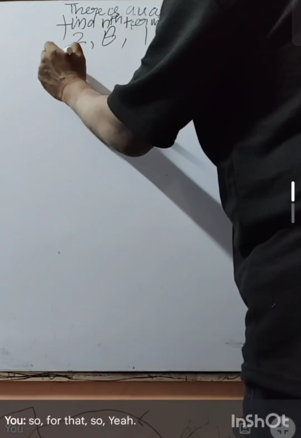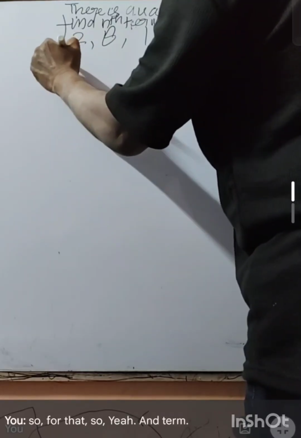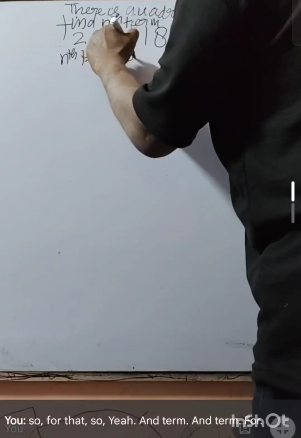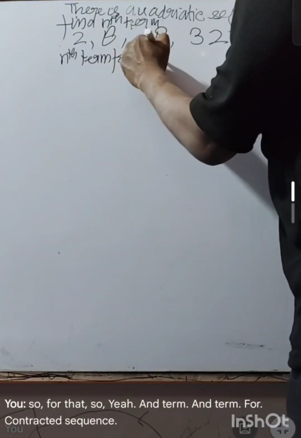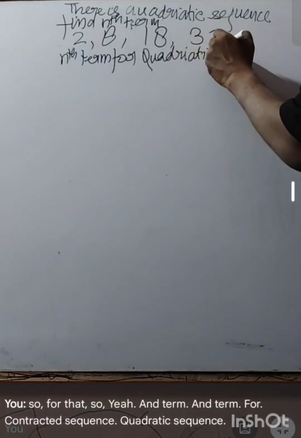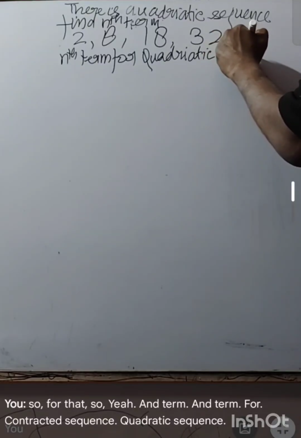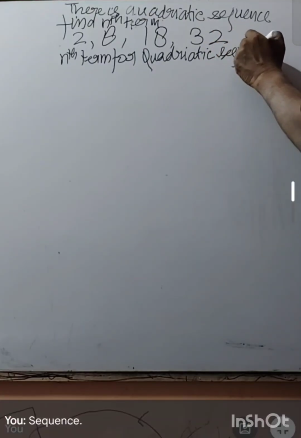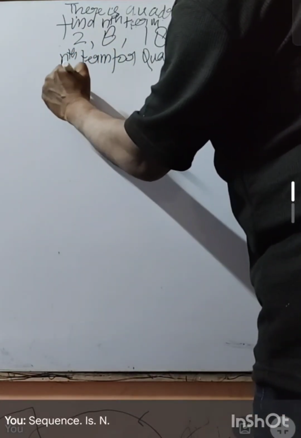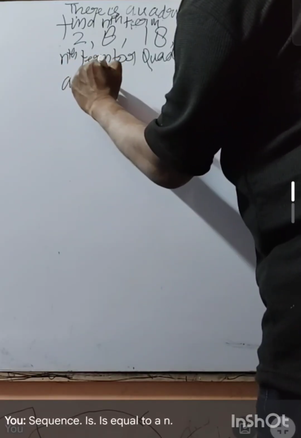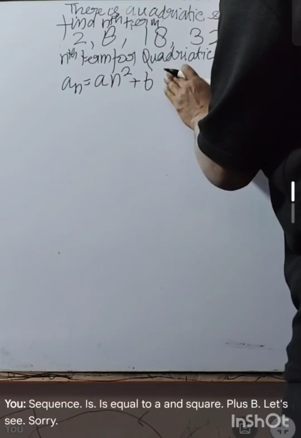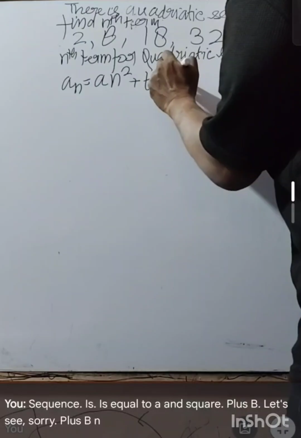The nth term for a quadratic sequence is an square plus bn plus c.